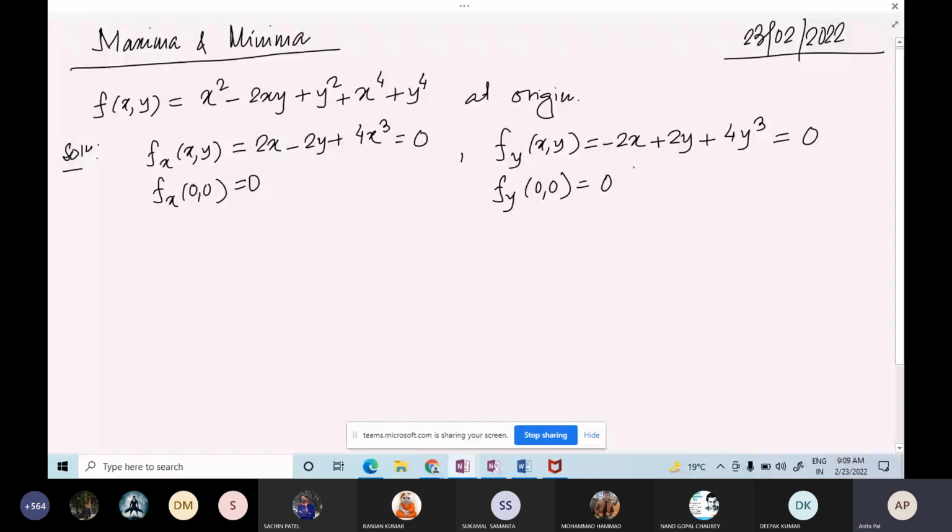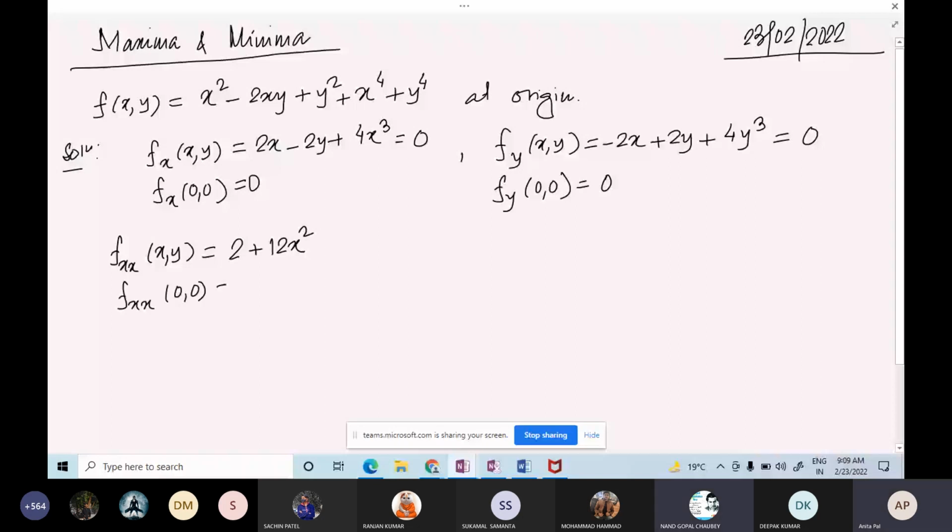Next we have to find fxx, that is del 2f del x2, because we need to find RT minus S square. Fxx is nothing but del x of del f del x. Del f del x we have already obtained, so on this we apply del x. We get 2 plus 12x square. Now what is fxx at the point 0, 0?